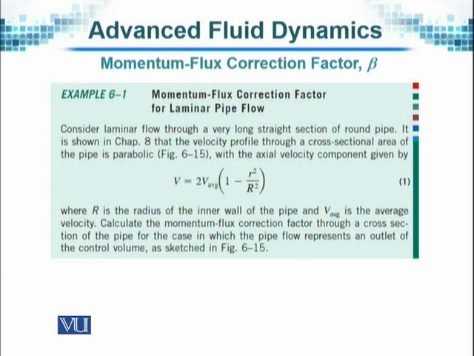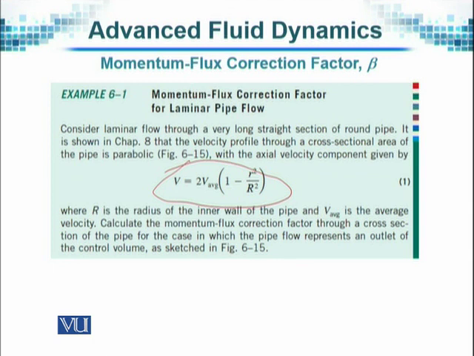It is shown in this chapter that the velocity profile through the cross-sectional area of the pipe is parabolic. We can see it from here because the term is a square term, a typical reflection of a parabolic shape.